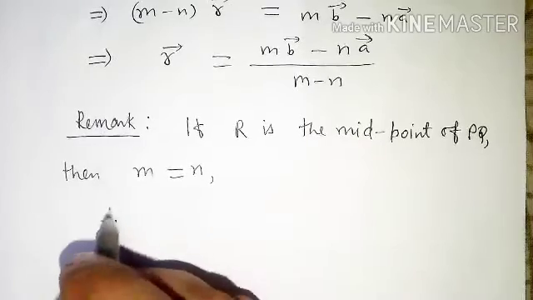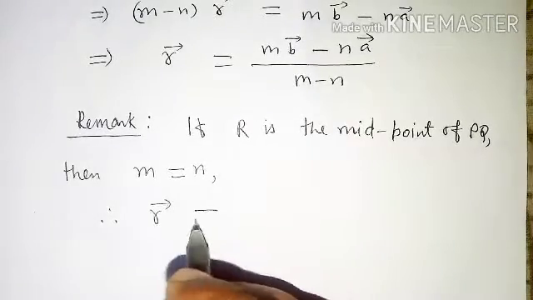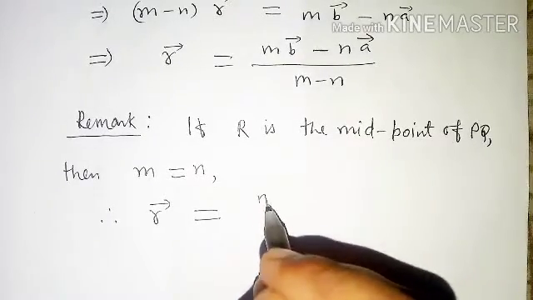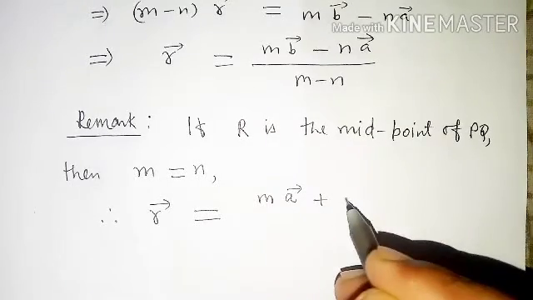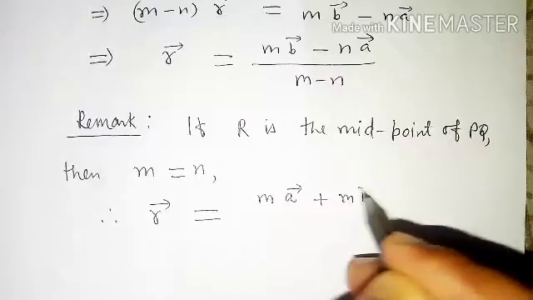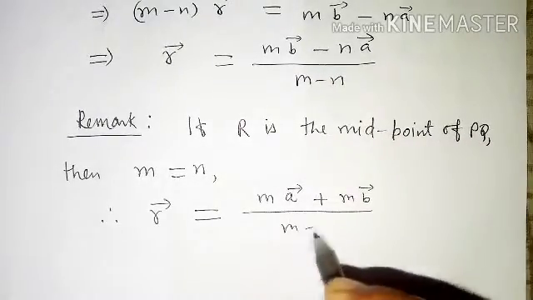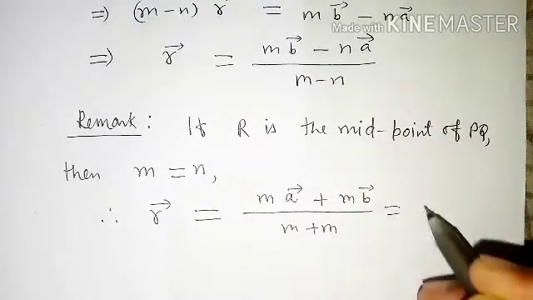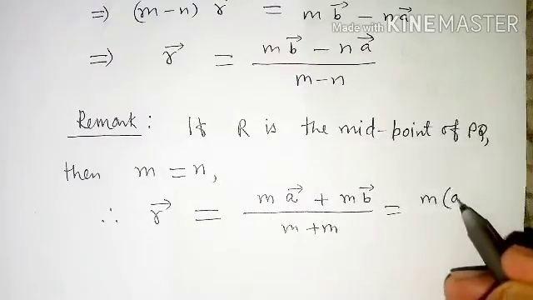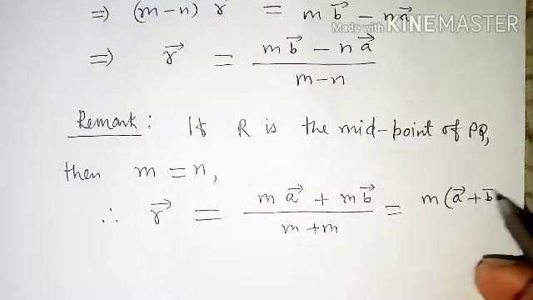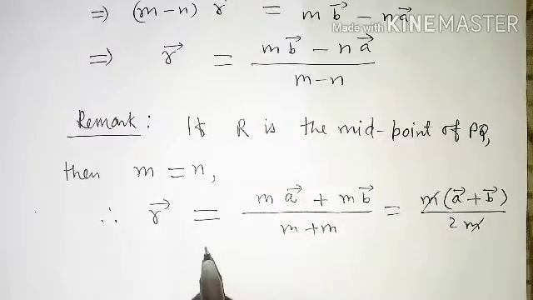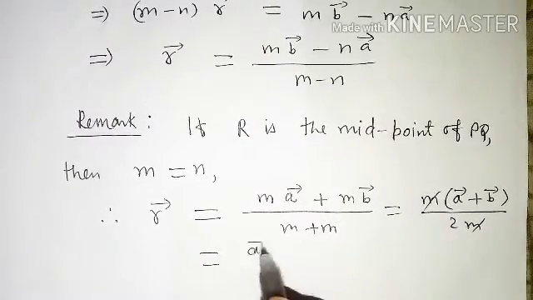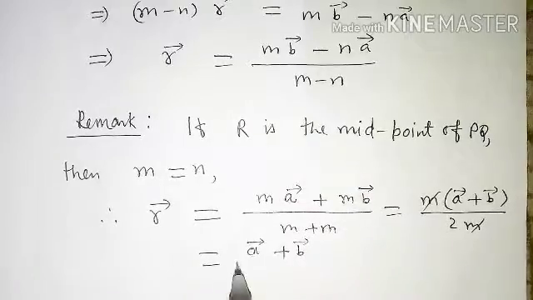Therefore, vector R is equal to m vector A plus m vector B by m plus m. Then on taking common m and cancelling that, we have vector A plus vector B by 2.